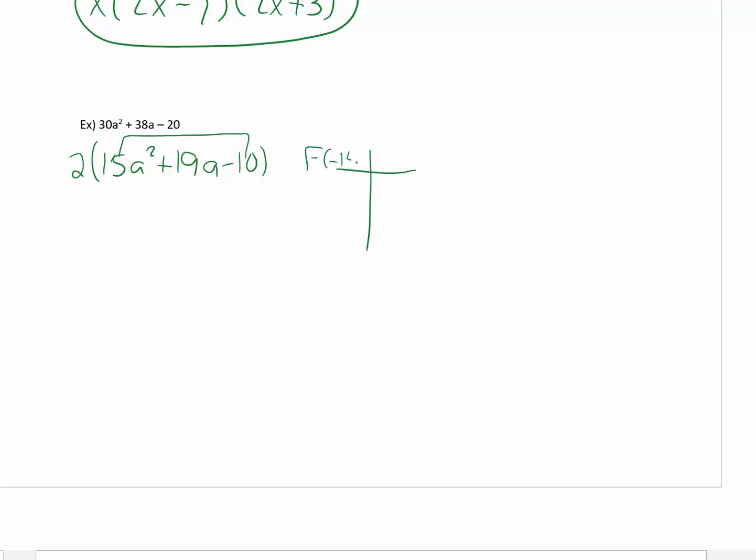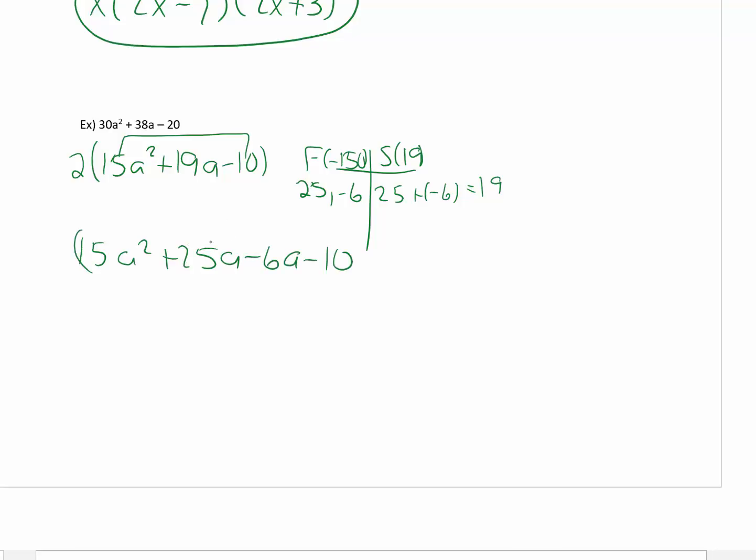Factors of negative 150 whose sum is a positive 19. In this case, that's going to be 25 and negative 6. 25 times negative 6 is negative 150, but when I add the two numbers together, I get a positive 19. Okay, so let's rewrite then. I'm going to use plus 25a, and I'll do minus 6a minus 10.